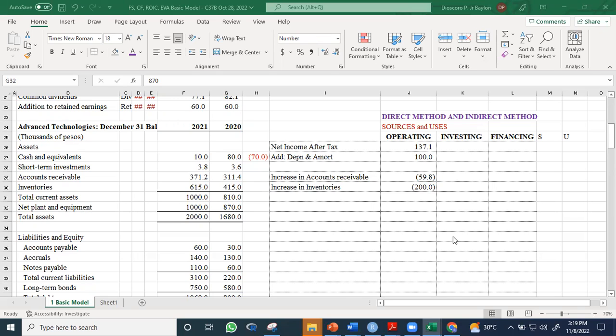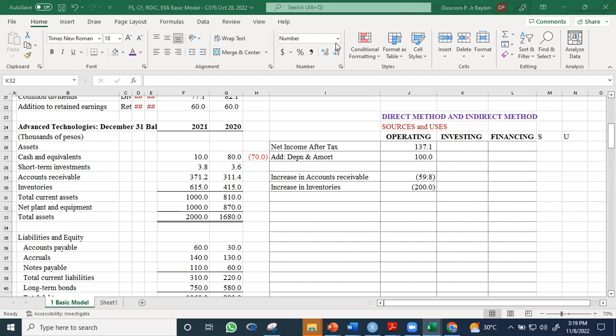Okay, the answer here is, itong net plant and equipment class, hindi siya operating, investing siya. So you invest in property, plant, and equipment. So hindi siya financing, hindi siya operating, but rather it's investing. So any change in your net plant and equipment will form part of your investing.